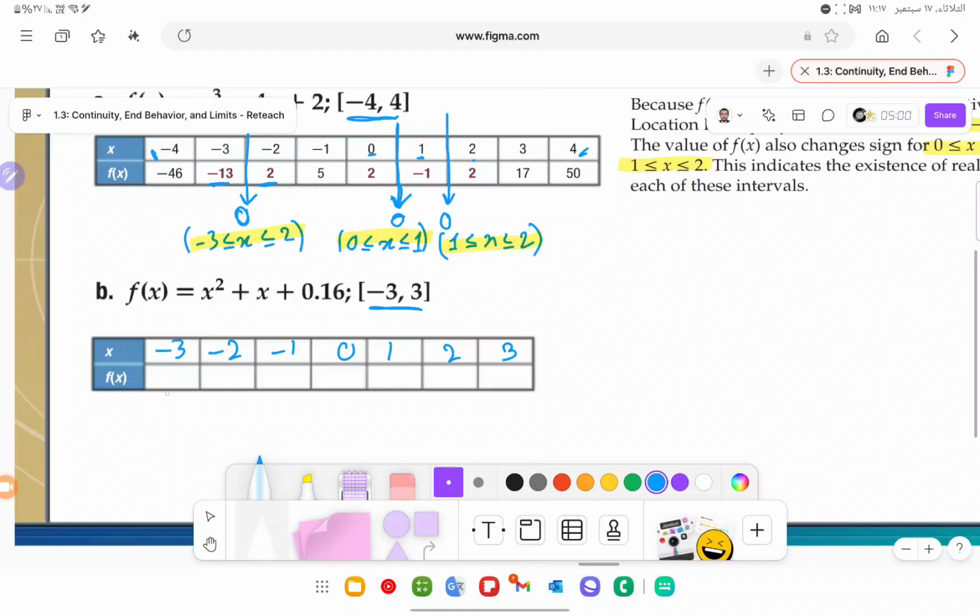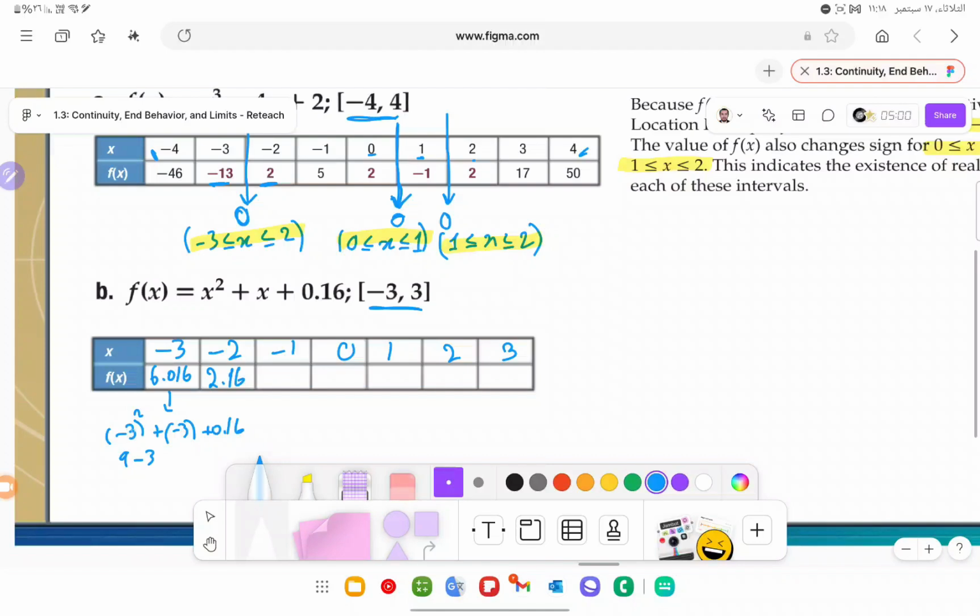So if I replace -3 here, -3 squared plus -3 plus 0.16. So -3 squared is equal to 9, minus 3, which is equal to 6. 6 plus 0, so 6.16, right? Now if I replace negative 2, it will be 4, 4 minus 2, 2, so it will be 2.16.